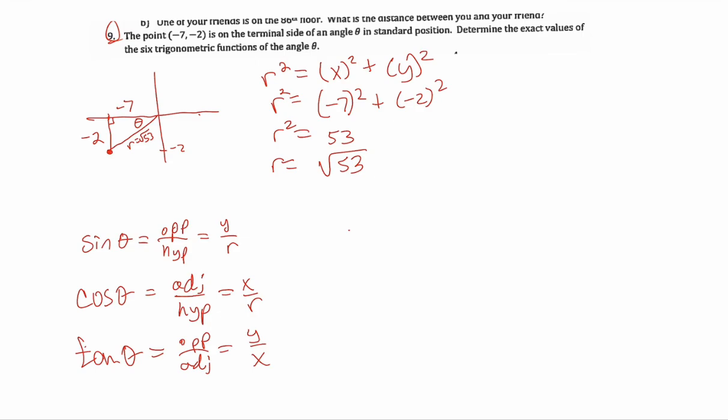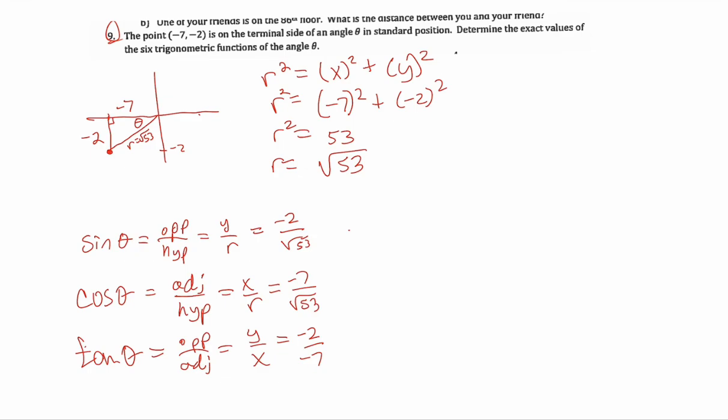Using SOHCAHTOA, or the fact that sine is y over r, or opposite over hypotenuse, we get negative 2 over radical 53. Cosine is negative 7 over radical 53. And tangent is y over x, or negative 2 over negative 7.